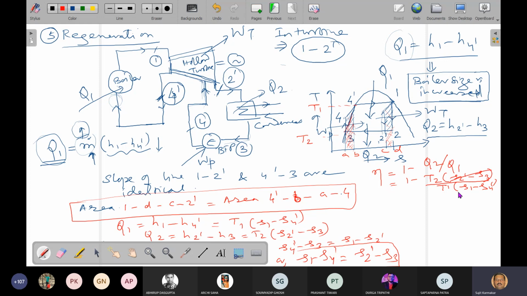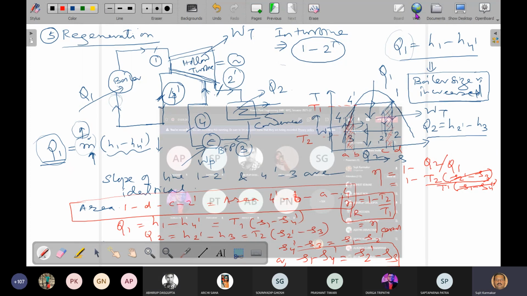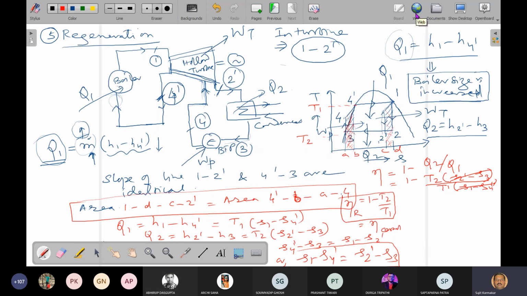So we can cancel this, and it becomes 1 minus T2 by T1. That should be the regenerative cycle efficiency, and it is the same as the Carnot cycle efficiency. Sorry, not Rankine, the Carnot cycle.